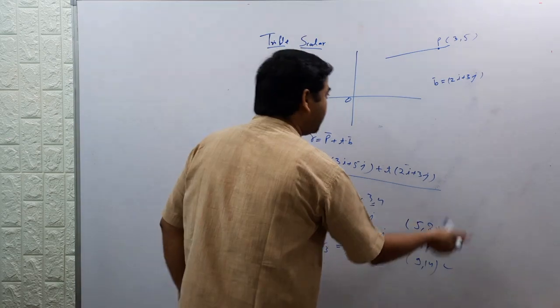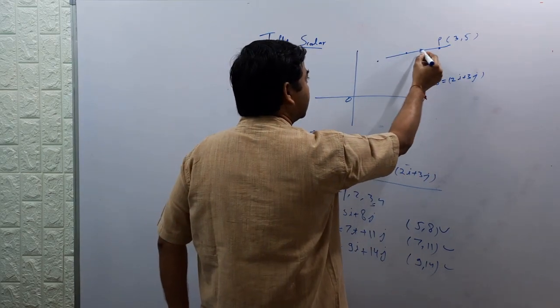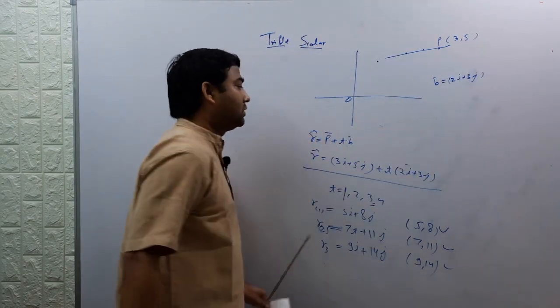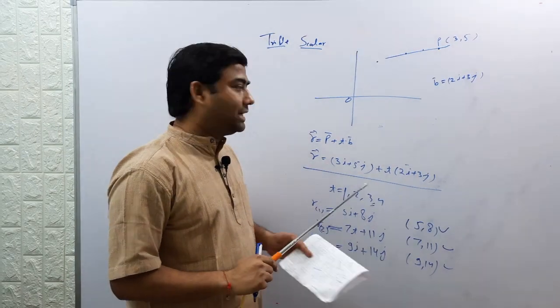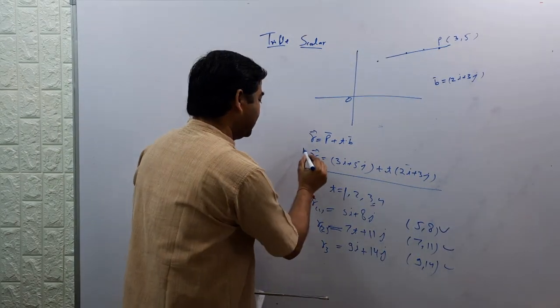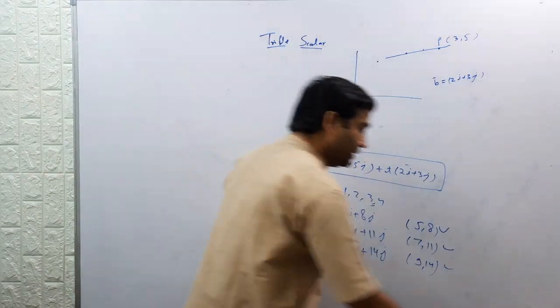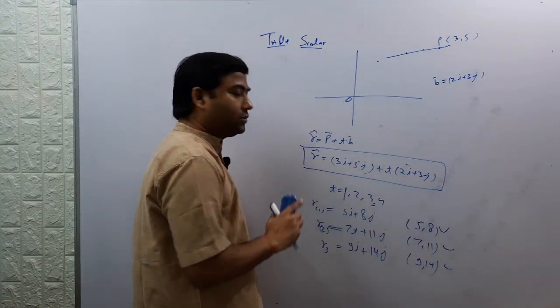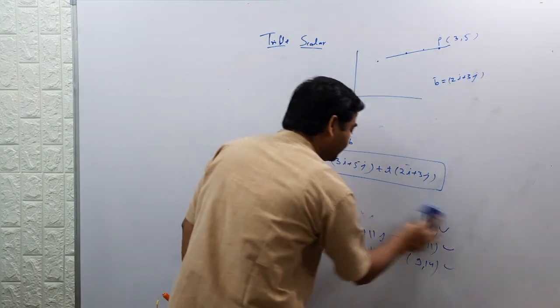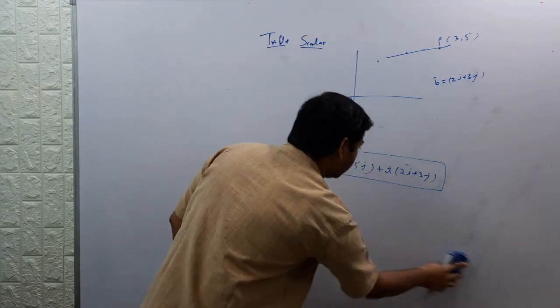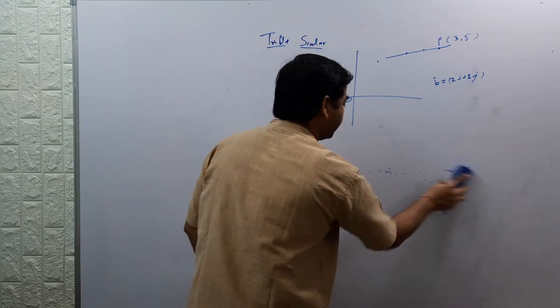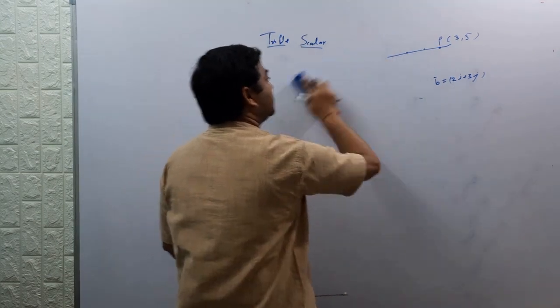Just locate these points and join them. The line which you will get is represented by this vector equation. That is the meaning of the vector equation of a line.